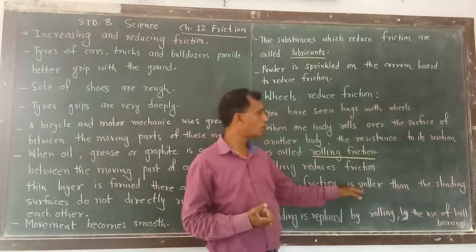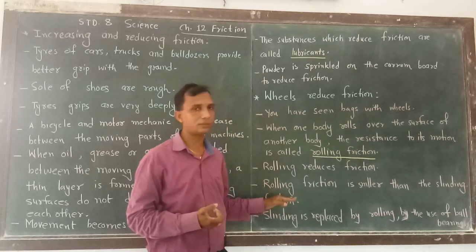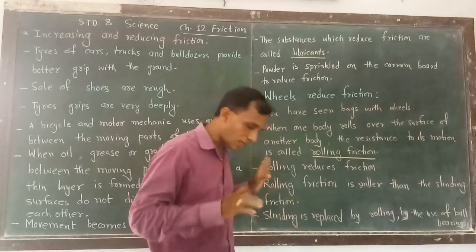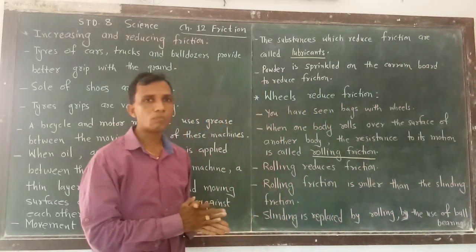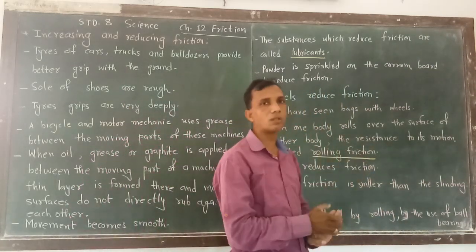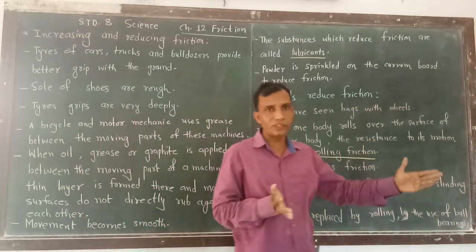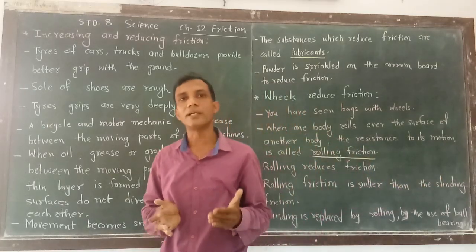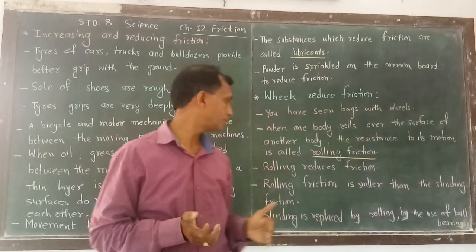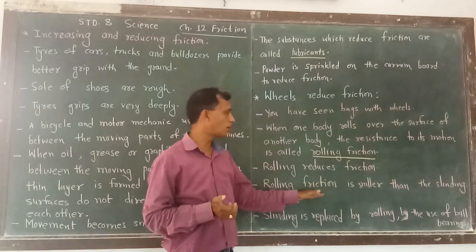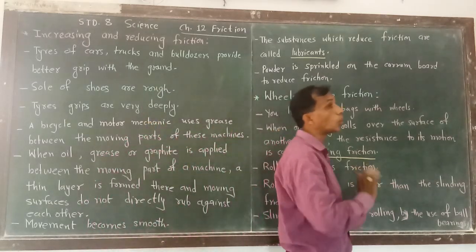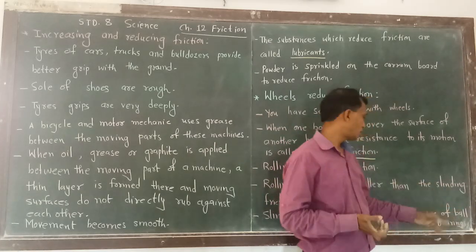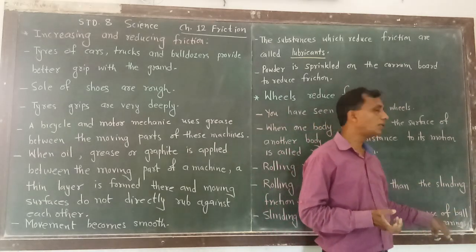Rolling friction is smaller than sliding friction. Sliding, as previously discussed, is when a heavy object like a box has force applied on one end, so it is sliding friction. But compared to that, rolling friction is very small. So rolling friction is smaller than sliding friction, and sliding is replaced by rolling by the use of ball bearings.